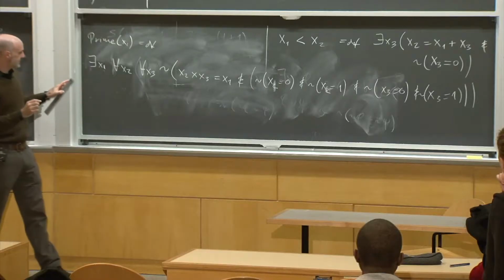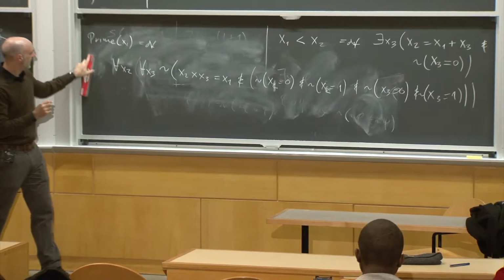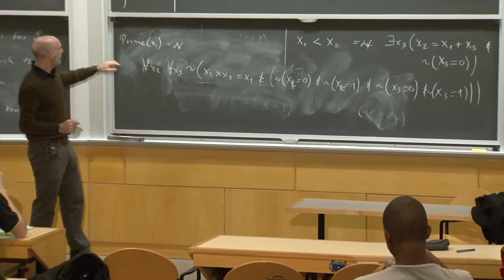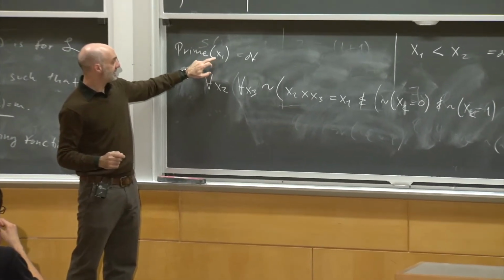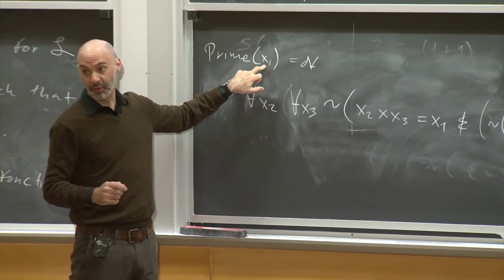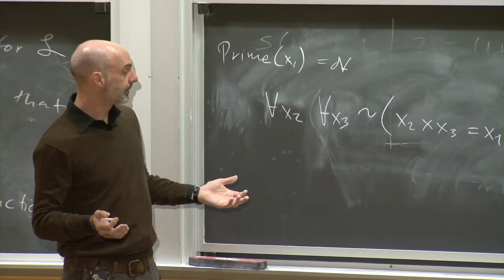Okay. Let's read it, but I'm going to eliminate this quantifier, which I think is not needed, and then let's read it like that and see what it says. So we're thinking of this formula as testing whether x1 is prime. So what does it take for x1 to be prime?